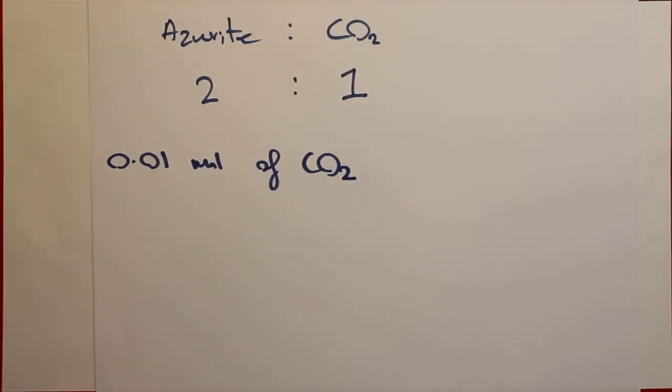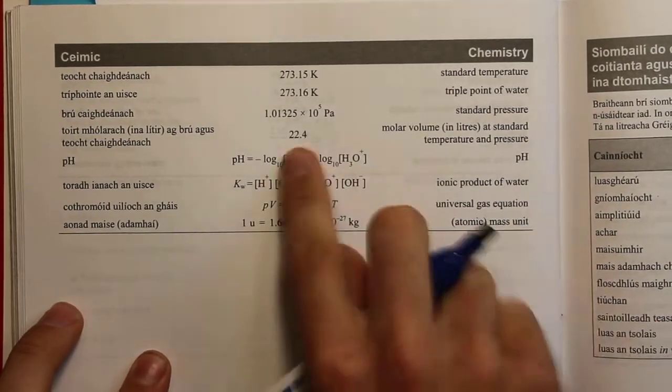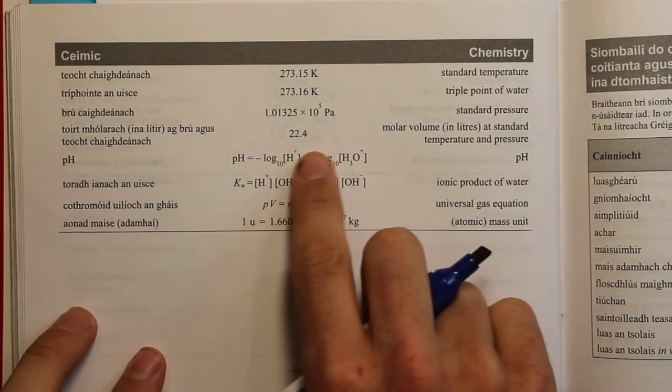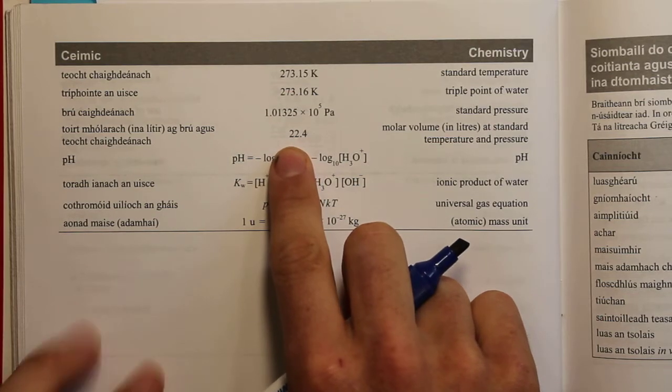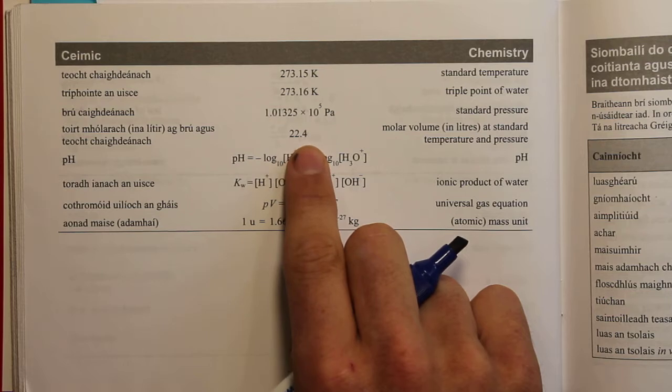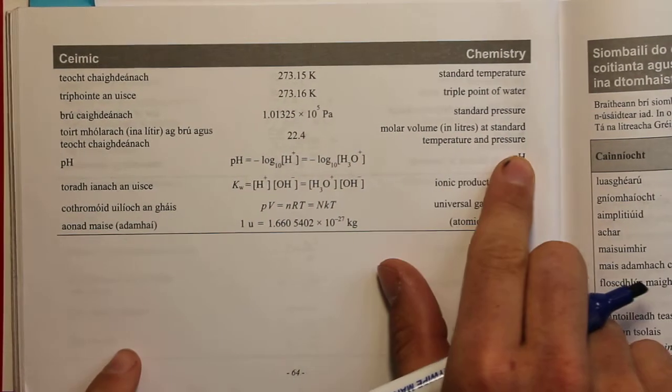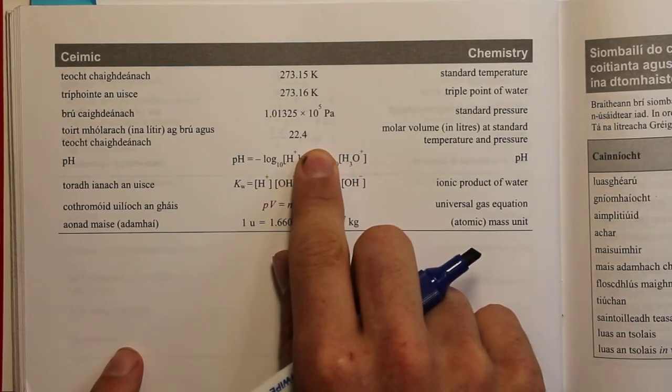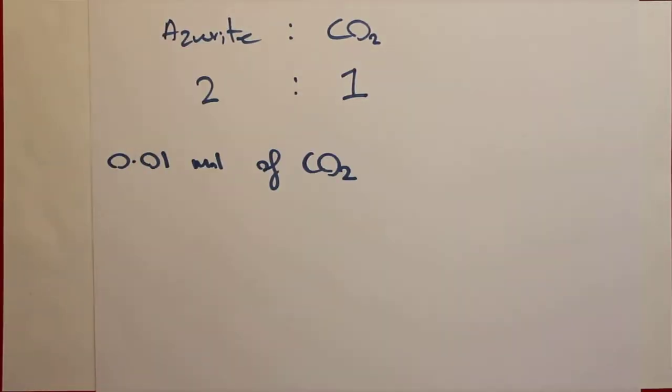Now, we need to use our formula and tables booklet. And we are told in our formula and tables booklet that 1 mole of any gas is equal to 22.4 litres at STP, at standard temperature and pressure. And we're told in this question that indeed it's at STP.